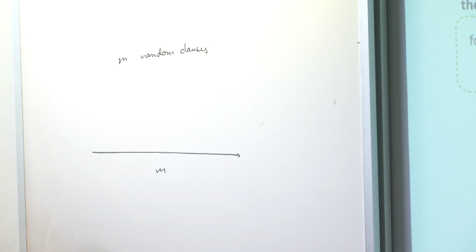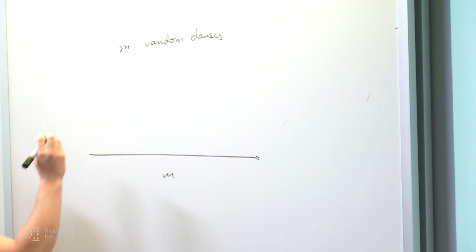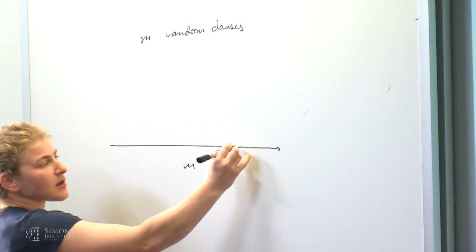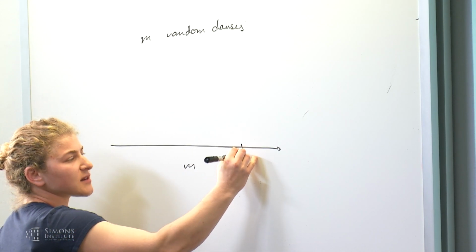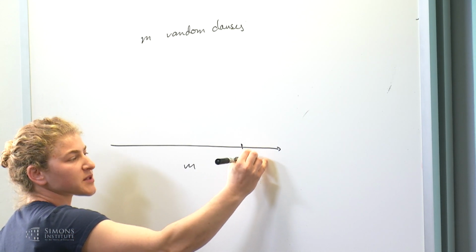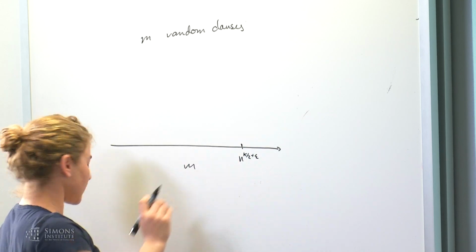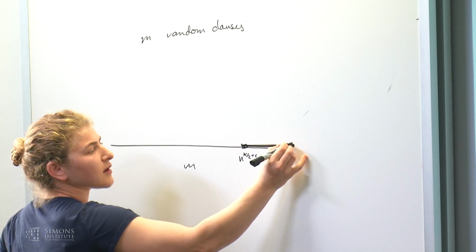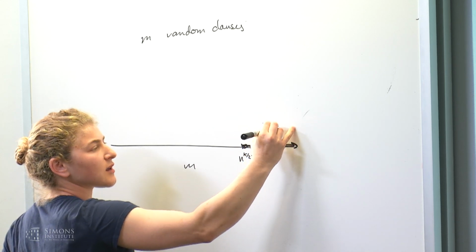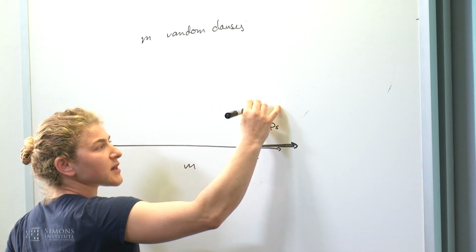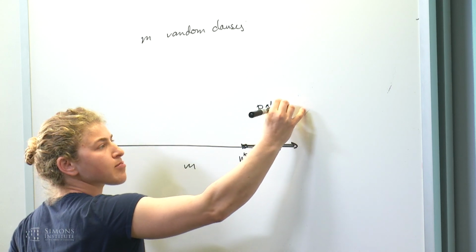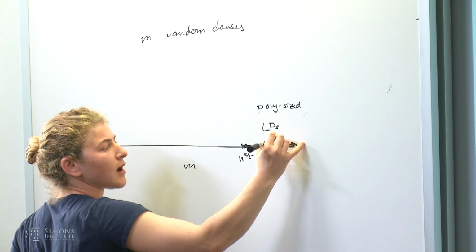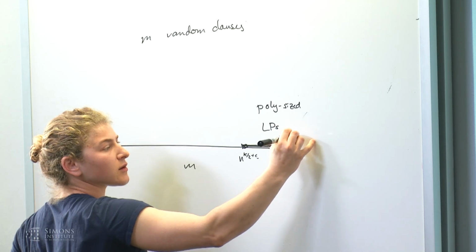What we show is that, let's say that k is even, if you have at least n to the k over 2 plus epsilon constraints that you sample, then polysize LPs approximate the value well.